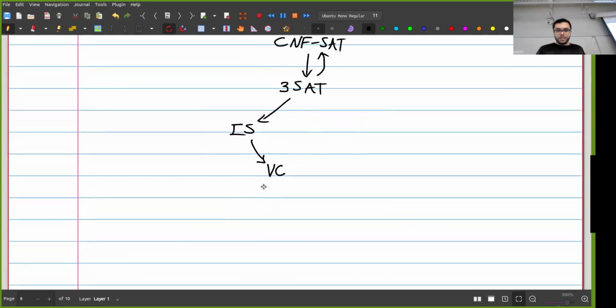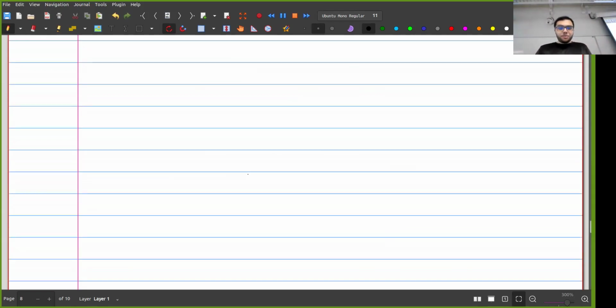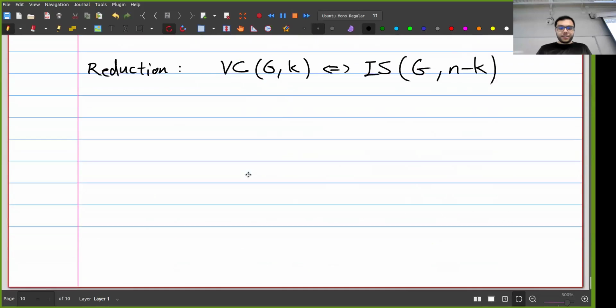Okay, so this is our current situation. I reduced independent set to vertex cover, and because my reduction was reversible, I have also reduced vertex cover to independent set. Okay, let's do another problem, and this is the problem of clique.